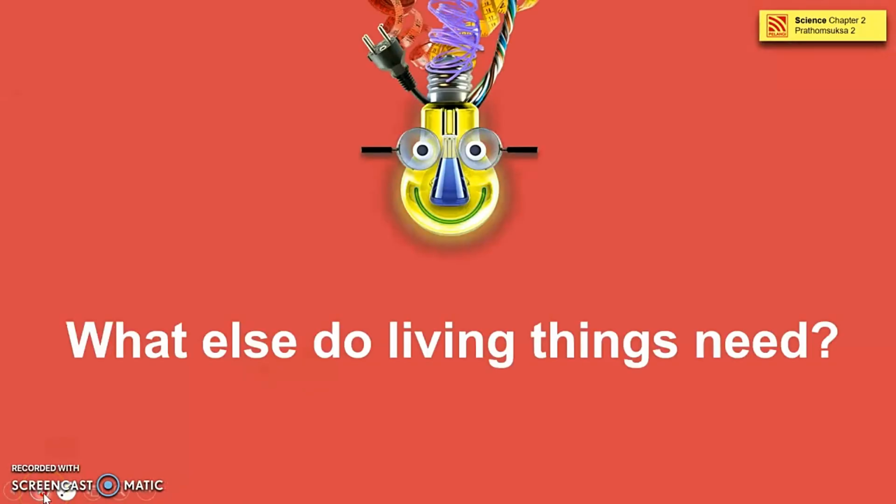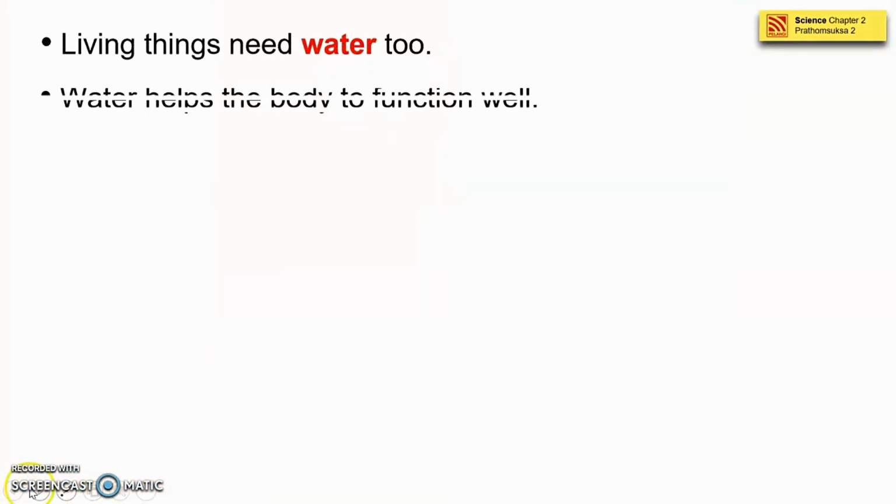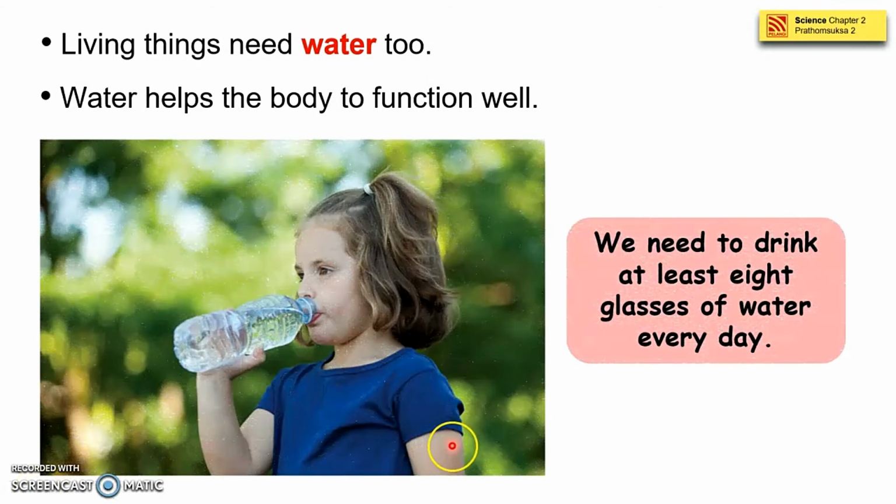What else do living things need? Living things need water because it helps the body function well. Did you know that you should drink almost 8 glasses of water every day, so that your body functions well when you are hydrated?